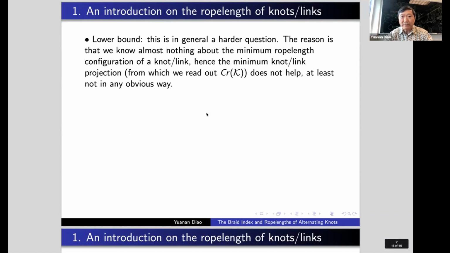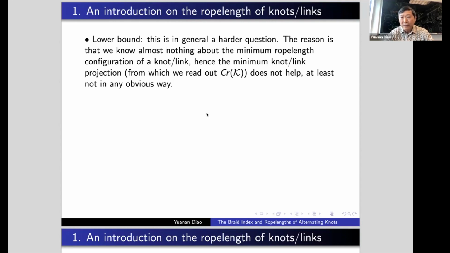On the lower bound end, it is generally a harder question. The reason is that when you talk about the minimum rope length, we actually have very little idea what the configuration of a knot or link in a minimum rope length state looks like.